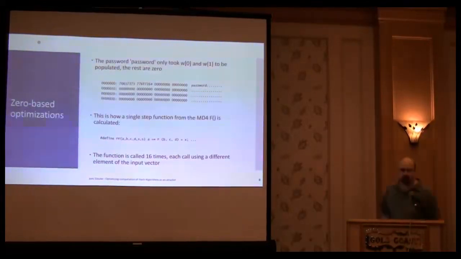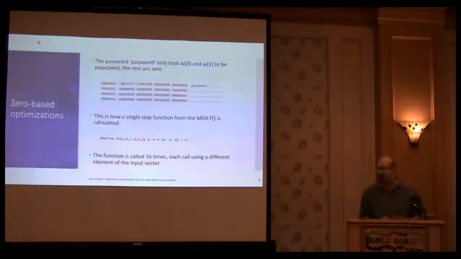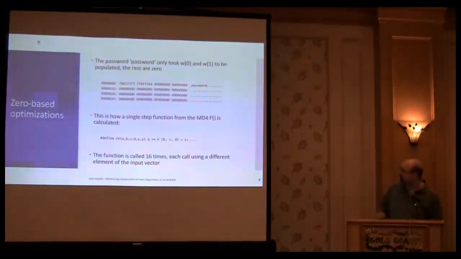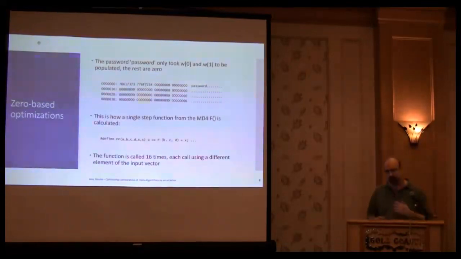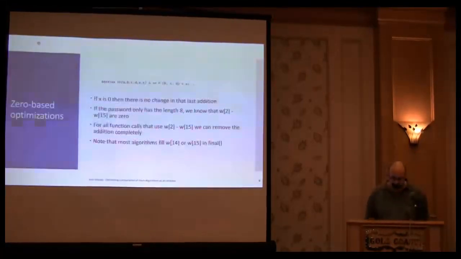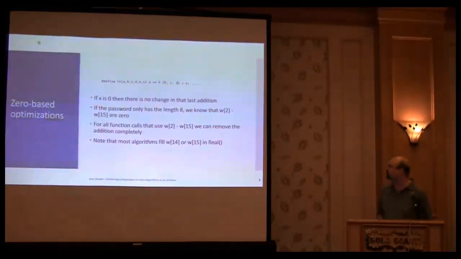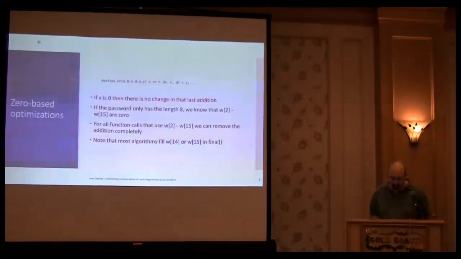If you take a look at one of the MD4 step functions, I will do it in another slide, but this is a standard MD4 function. This function is called 16 times before it changes the function. So if x is 0, x is one of the 16 elements from the W array.